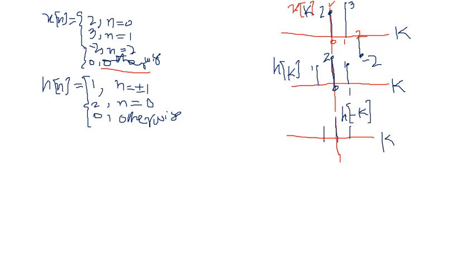So if I add a big negative value here, because it's at position 1, this is at 0, this is at minus 1, this will go to n plus 1, this will be n, and this will be n minus 1, and for a big negative value of n it will be shifted this way, right? So let me plot here.